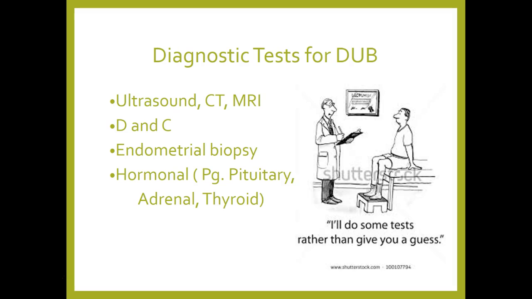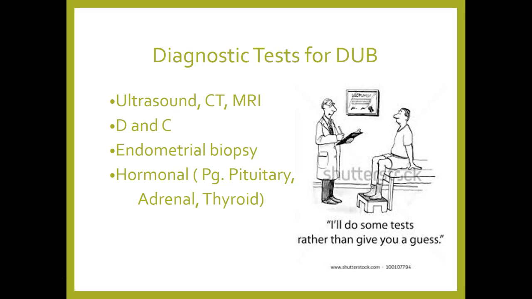So what type of tests do we do to diagnose dysfunctional uterine bleeding? We can do ultrasounds, CTs, MRIs, a D&C, that is a dilatation and curettage, and that's where they go in and surgically scrape out the uterine lining.